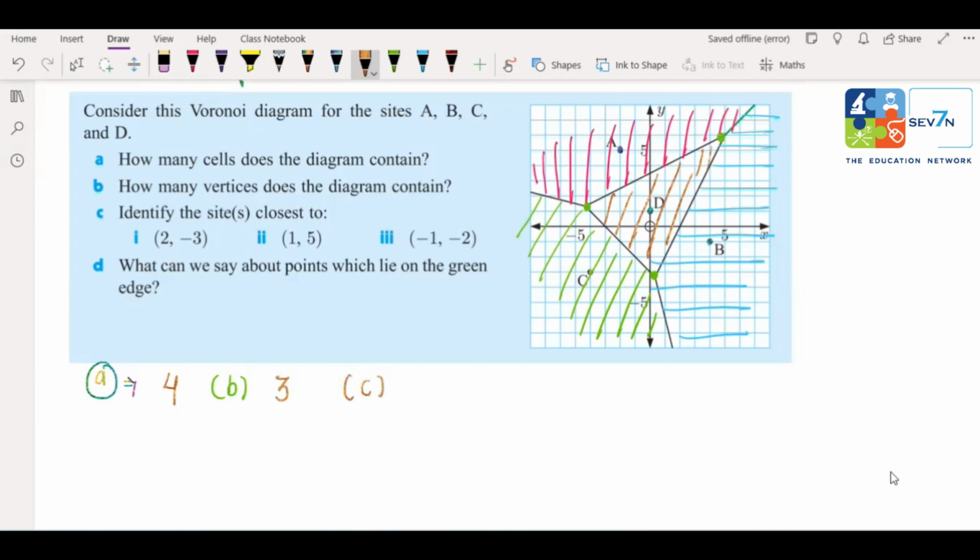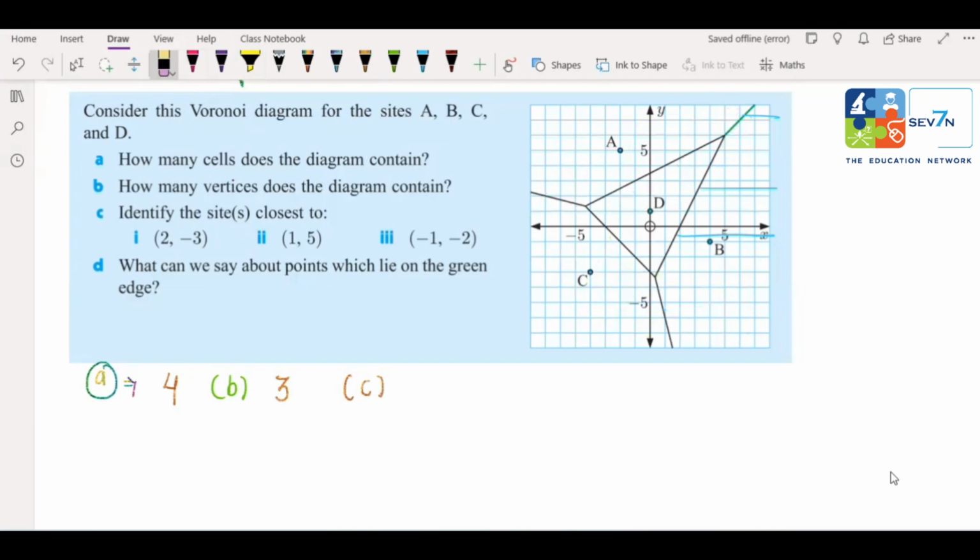Tell me for C. Identify the site closest to the point. It means tell me in which cell this point lies, or which site it is near to. See, 2 and -3.